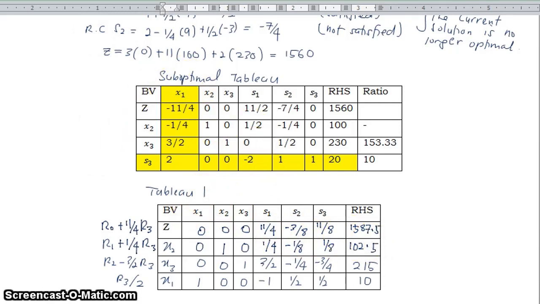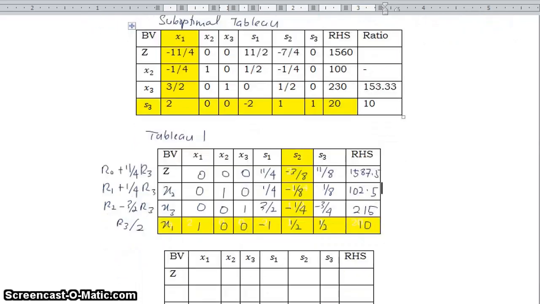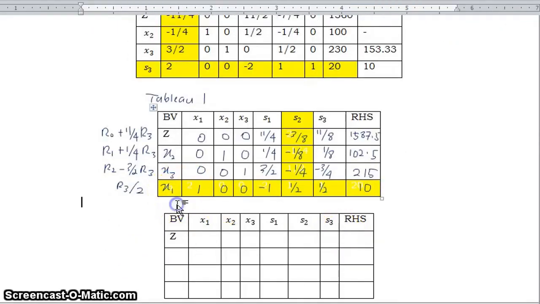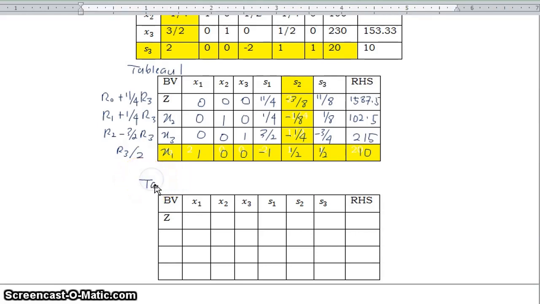Okay, we need to select the entering variable. x2 is the entering variable, and since there is no ratio for row 1 and row 2, automatically x1 is the leaving variable. x1 should leave the basis. Now let's move to the next tableau. Okay, we declare this tableau as tableau 2.